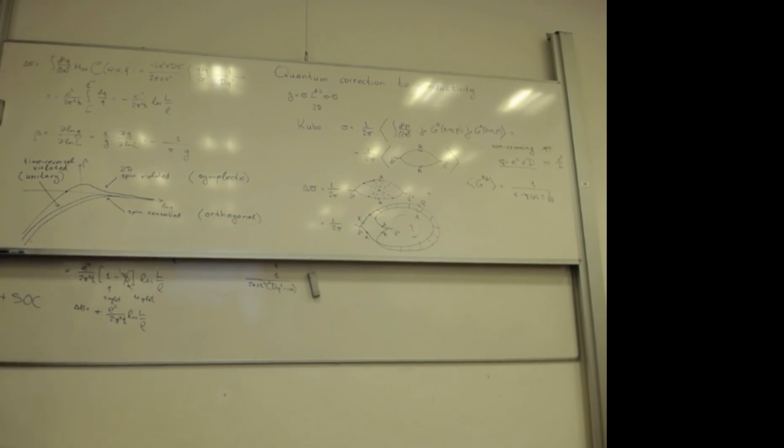There are three variants of this beta function in a two-dimensional system, depending on whether time reversal or spin symmetry is preserved or violated. Actually, in this unitary case, you still can either have spin symmetry or not, but this result does not depend on it. So it's the same both for conserved spin or for non-conserved spin.